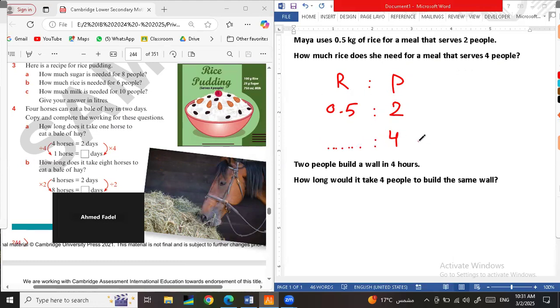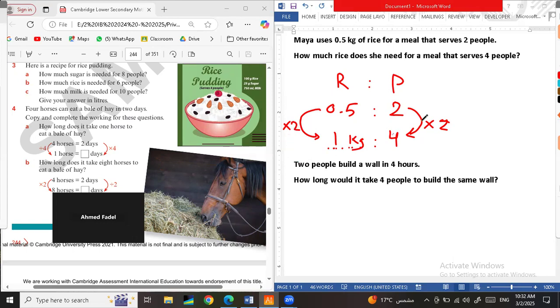If we think about this in real life, definitely if the number of people for a meal increases, it gets doubled. We multiply the number of people by two, so I also need to double the amount of rice, which is going to be 1 kilogram. Because I doubled the number of people, I need to double the amount of rice.